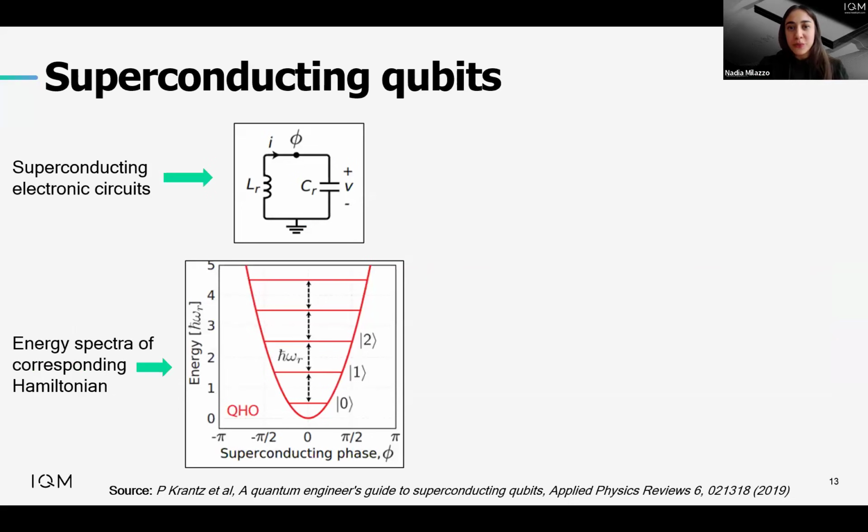Okay, so now we start to go a little bit more into details, but I will still try to give you an intuition of what is useful without going too much into the physics. We have said that an artificial atom that we are using as a qubit is actually a superconducting electronic circuit. So to start with, we will have something of this type, where this is an LC oscillator, but we do not really care about the details of the circuit here.